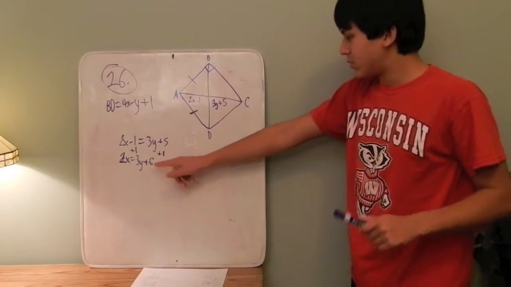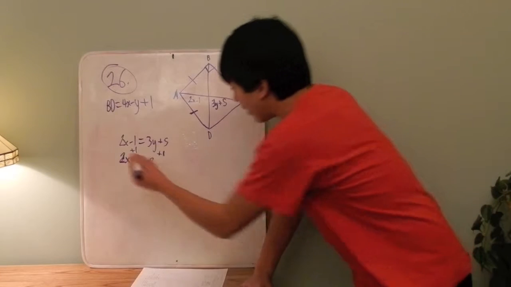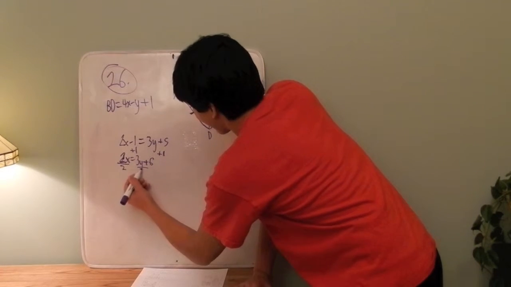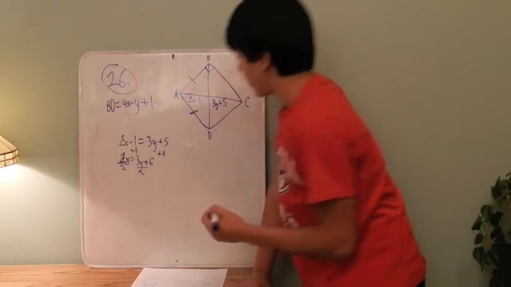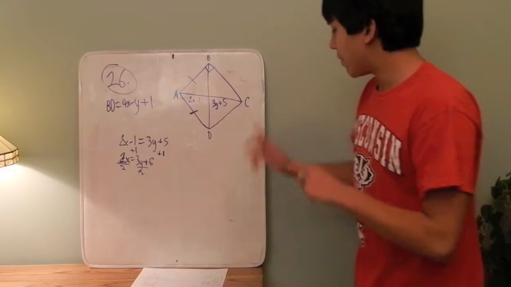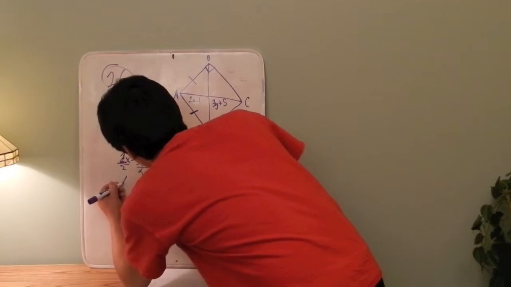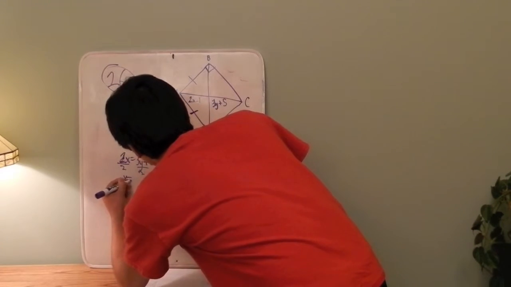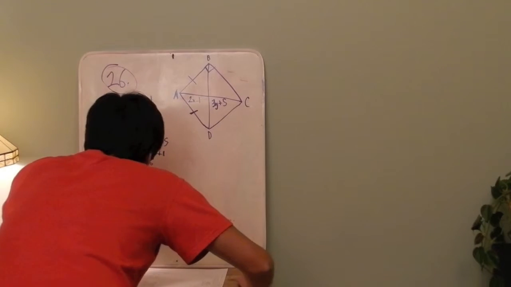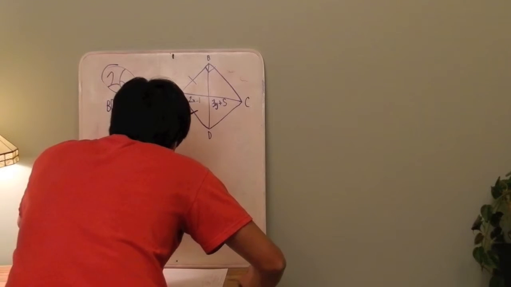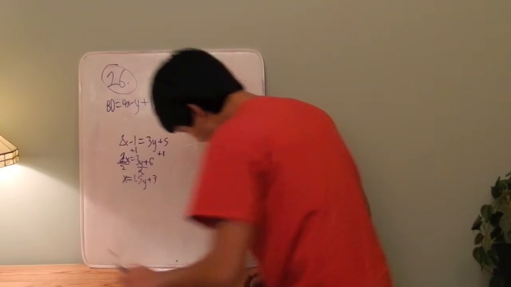Right there. 2x equals 3y plus 6. Alright, and then just divide both sides by 2. I can't really write sideways that well. But, yeah, so divide each side by 2, and you get x equals 1.5y plus 3.